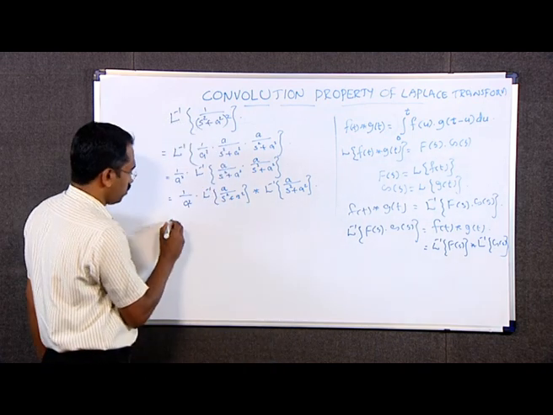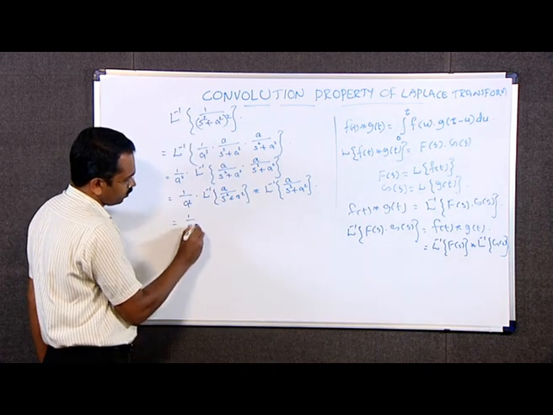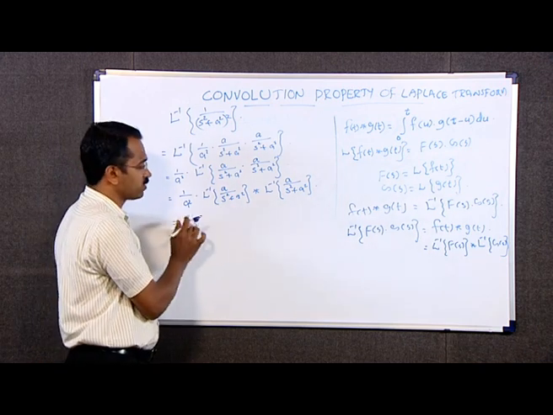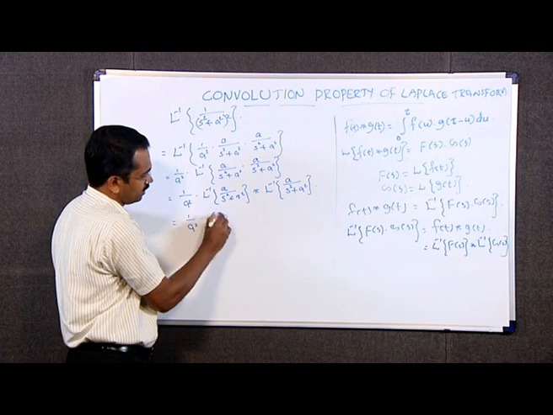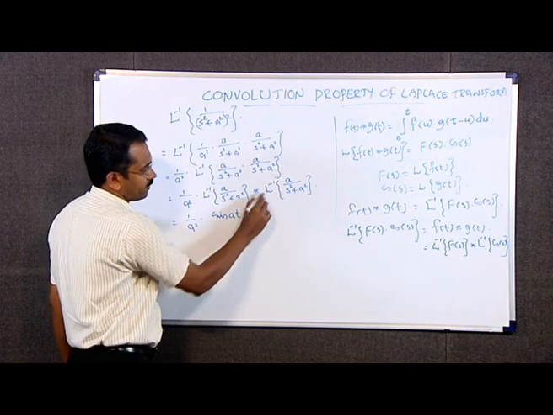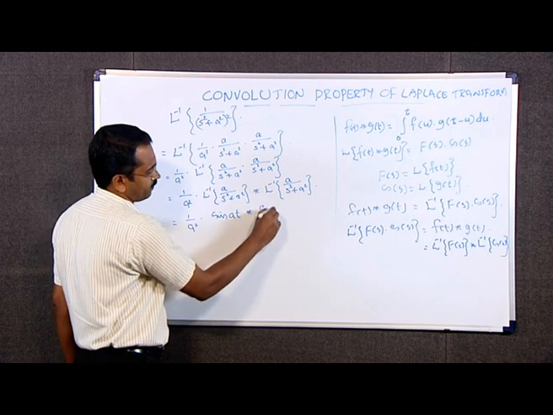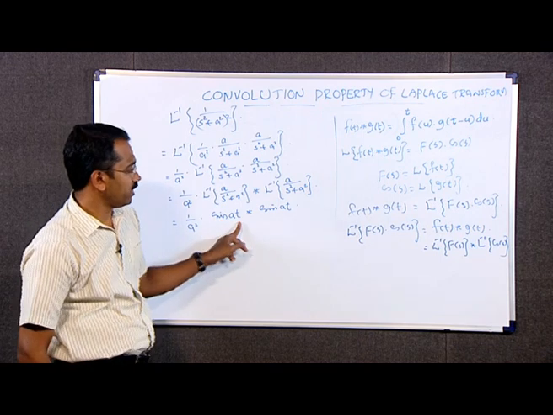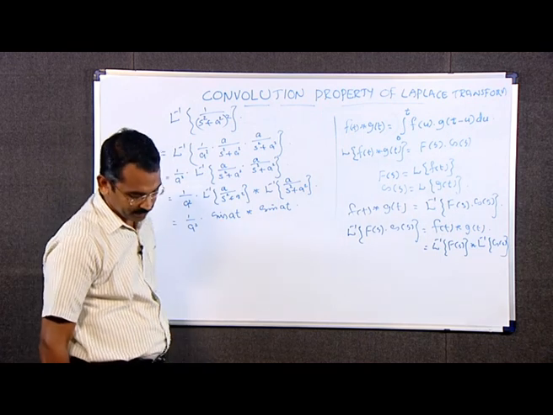That is equal to 1 by a square into sin a t star, here also sin a t, that is sin a t convolution sin a t.